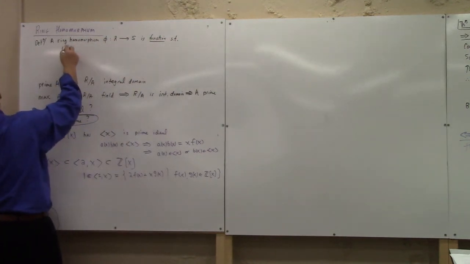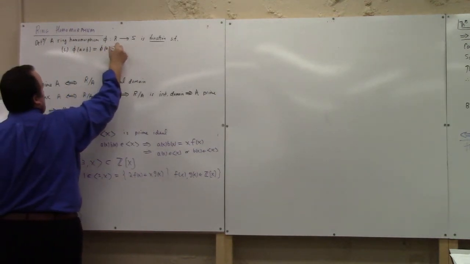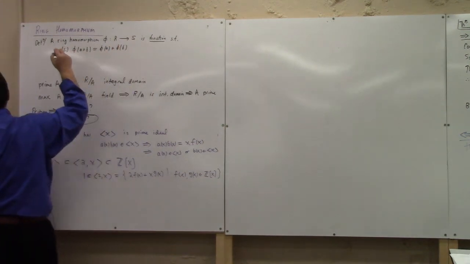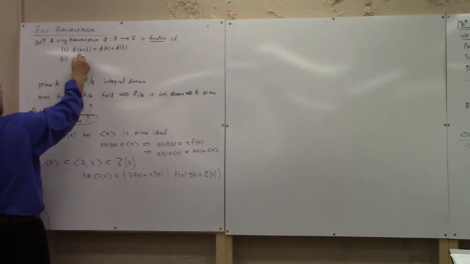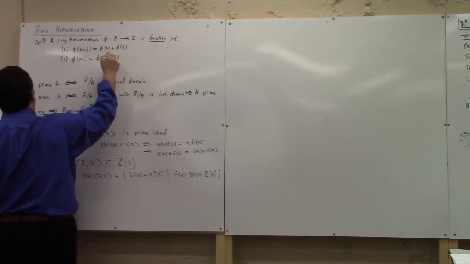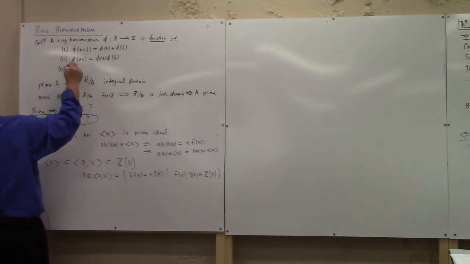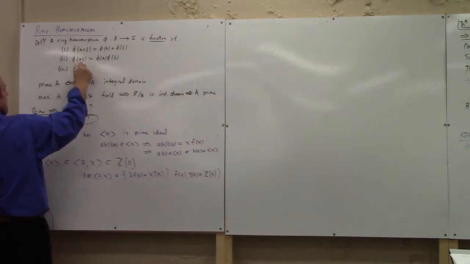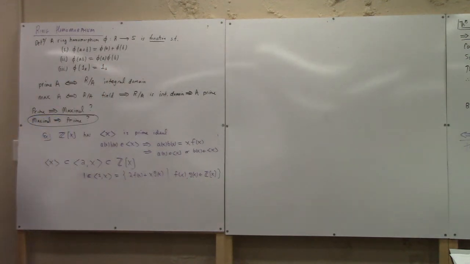Number 1, phi of A plus B is, you guessed it, phi of A plus phi of B. And 2, phi of AB is phi of A times phi of B. And 3, it has to map 1 to 1. So phi of the multiplicative identity in R maps to the multiplicative identity in S.